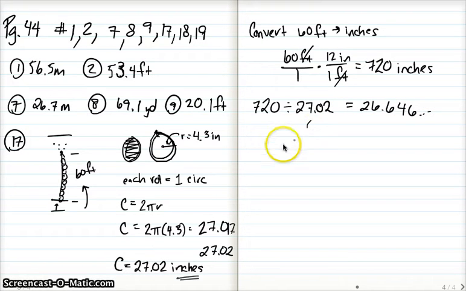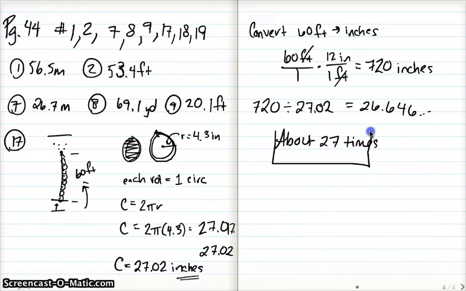Okay, so I would say about 27 times. Again, depending on how you rounded, maybe you would have gotten something closer to 26. That would be okay as well, as long as your work supported it. So that's how many times this bowling ball would have to rotate before it hit the head pin. Oops. There's no easy way to erase that, so I'm just going to leave it like that.